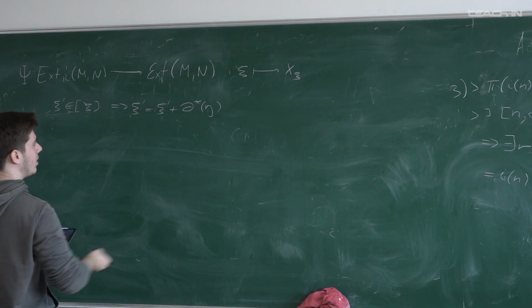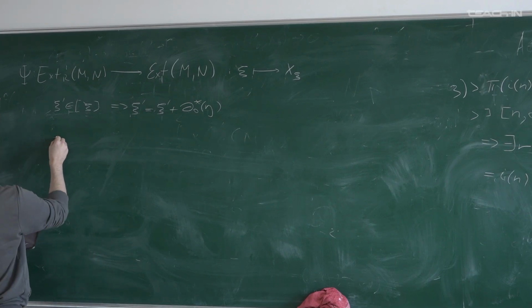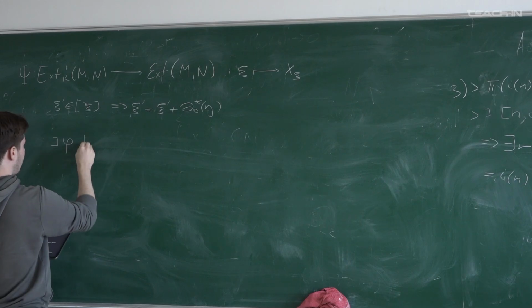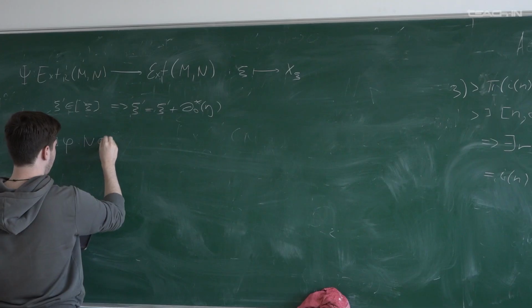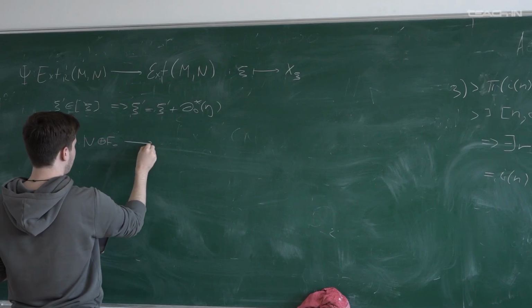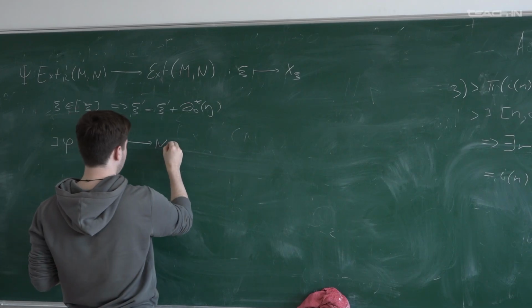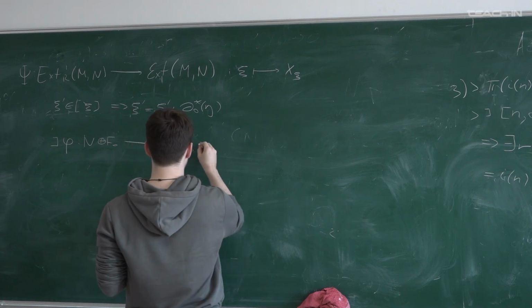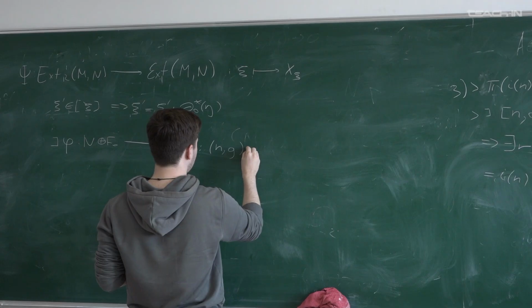Let's take phi and define it as a map like this: n plus a0 goes to, an isomorphism, defined like a kind of shift.